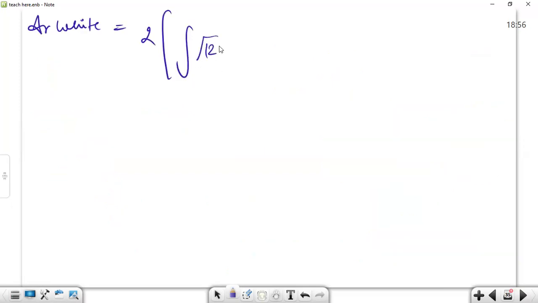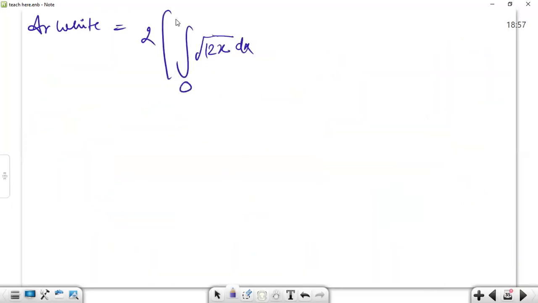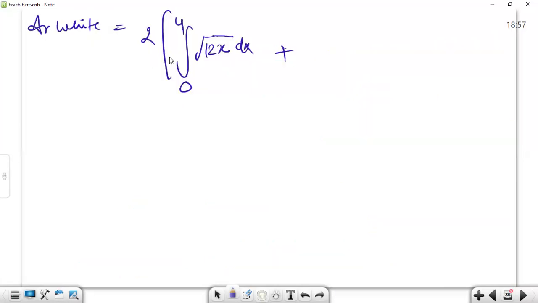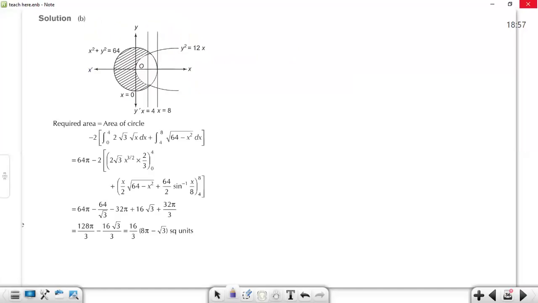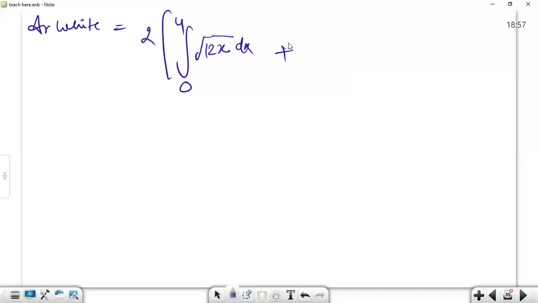So square root of 12 into square root of x dx, limit from 0 to 4, plus the function of the circle in terms of x would be x square plus y square equals 64.